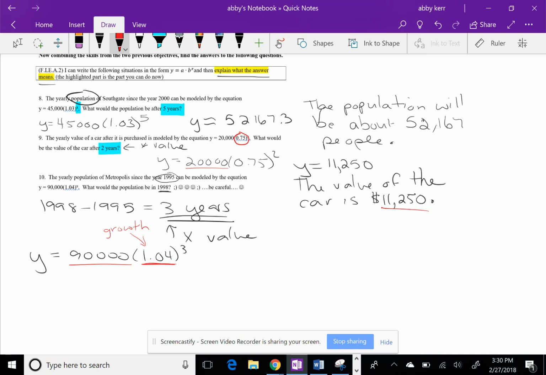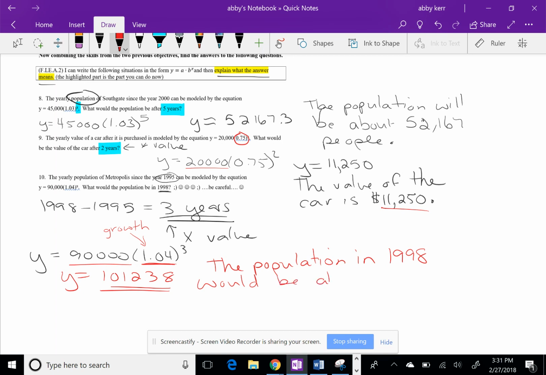So 90,000 times the growth rate of 1.04 raised to the third power. And if you put that into the calculator, it in fact is bigger than 90,000. So you can say the population in 1998 would be about 101,238 people.